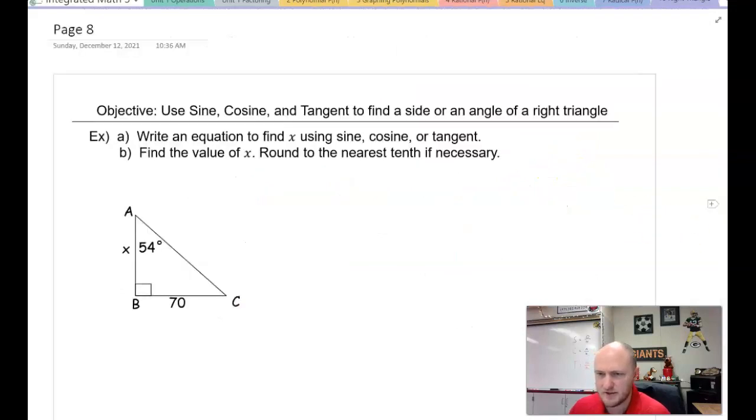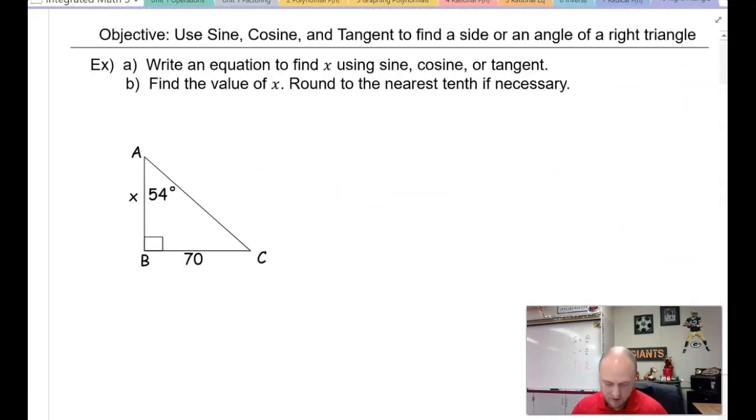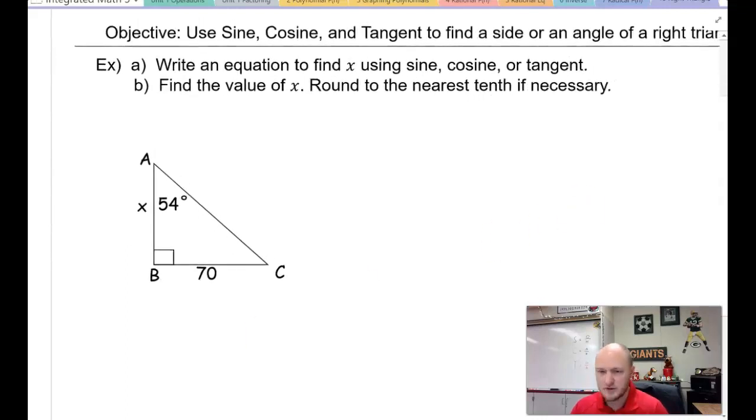Here is another example. I thought it was a practice problem. Here we go. So I am given angle 54, which is here. And then this side is hypotenuse, and I'm given opposite, and I'm looking to find adjacent.